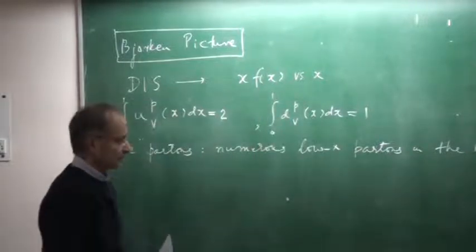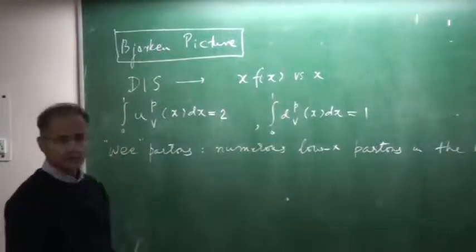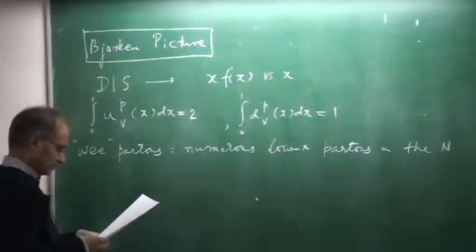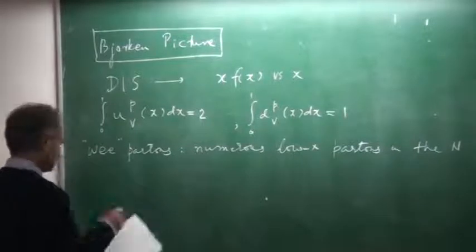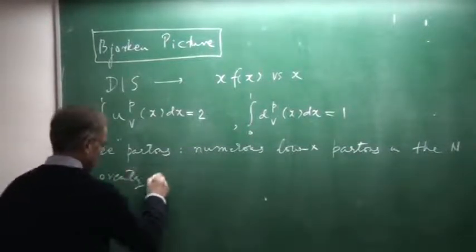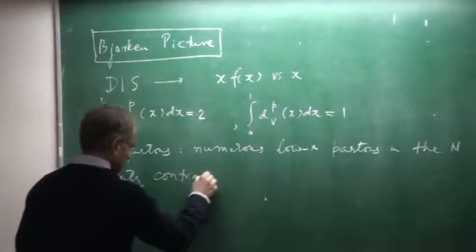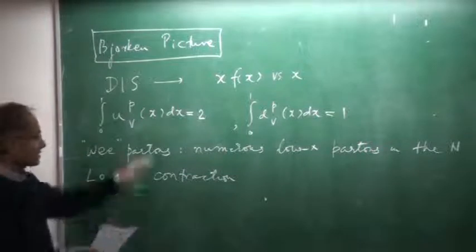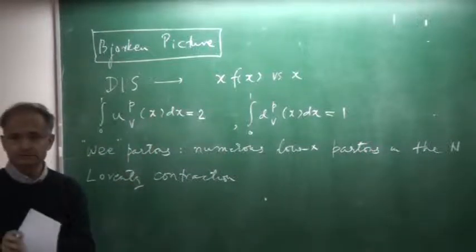These are the numerous low X partons in the nucleon. And because of the Lorentz contraction, these valence quark distributions shrink.